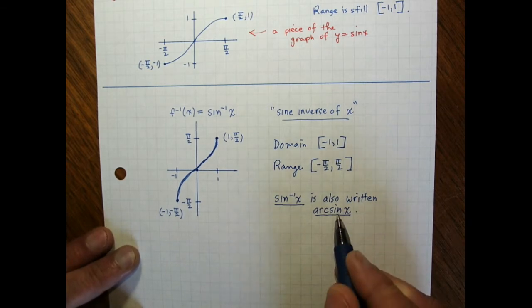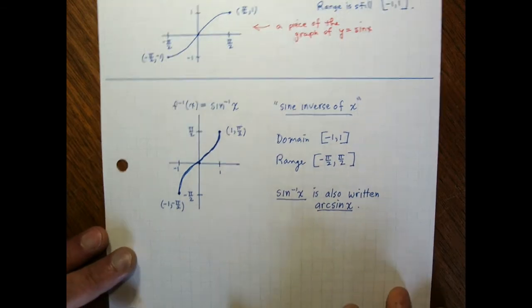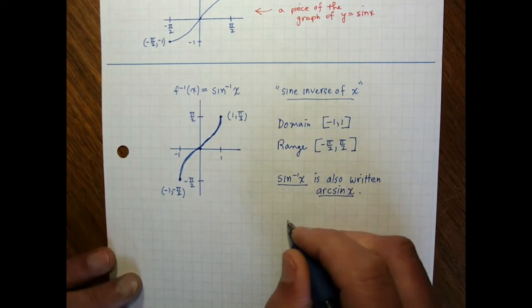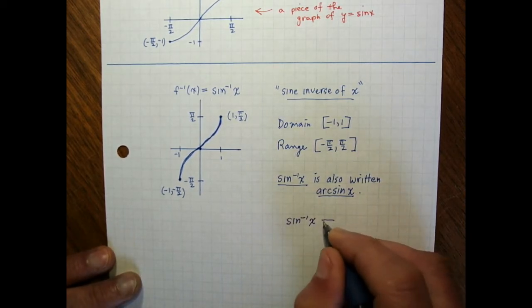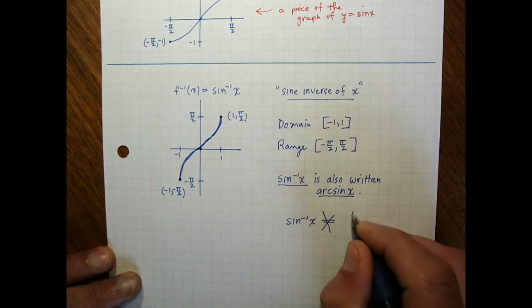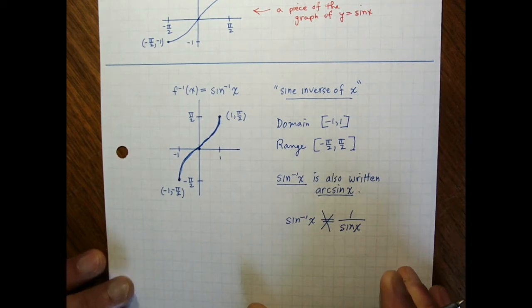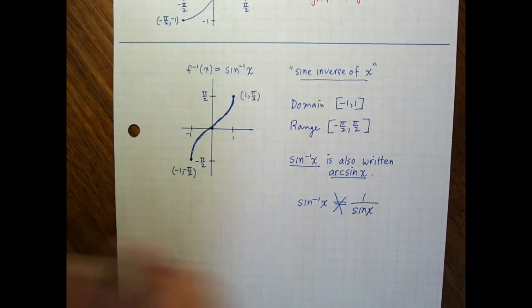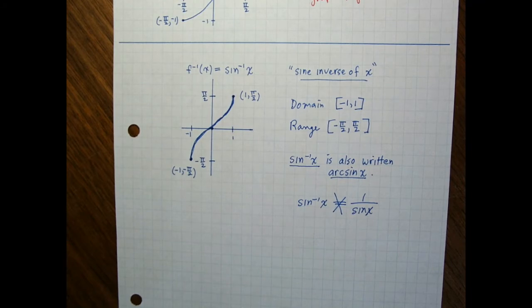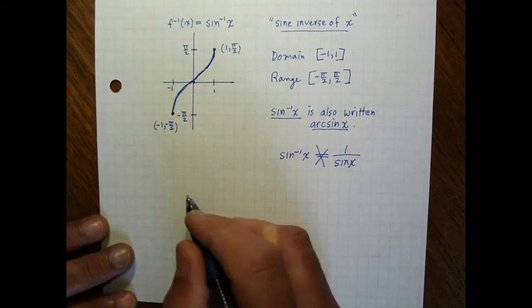I kind of like that because you avoid this -1 that looks like an exponent that is not an exponent. Sine inverse of x does not mean 1 over sine x. Unfortunately, it sure looks like it might, but it doesn't. It means inverse function. And I have just one more idea I want to put down here.